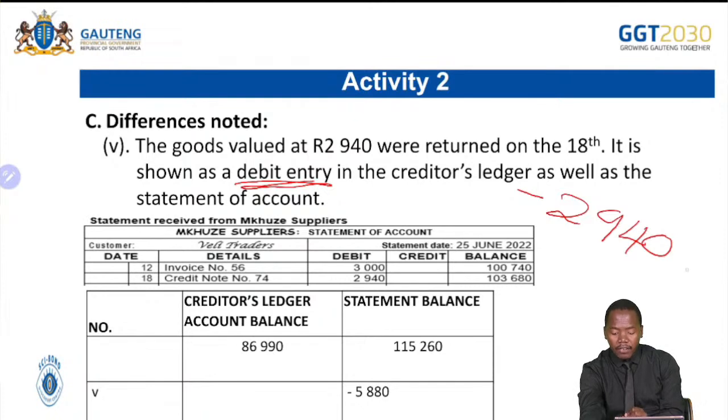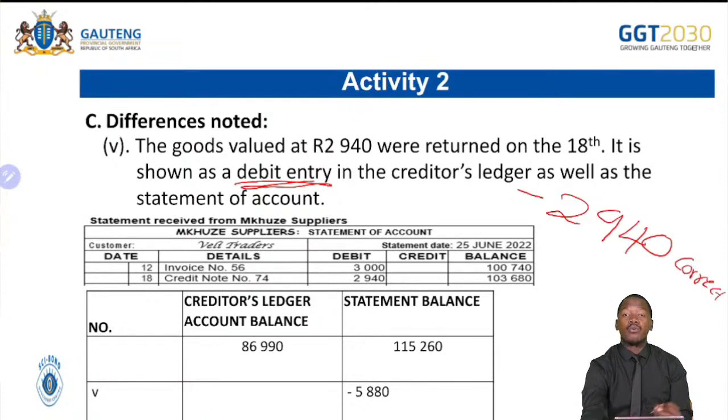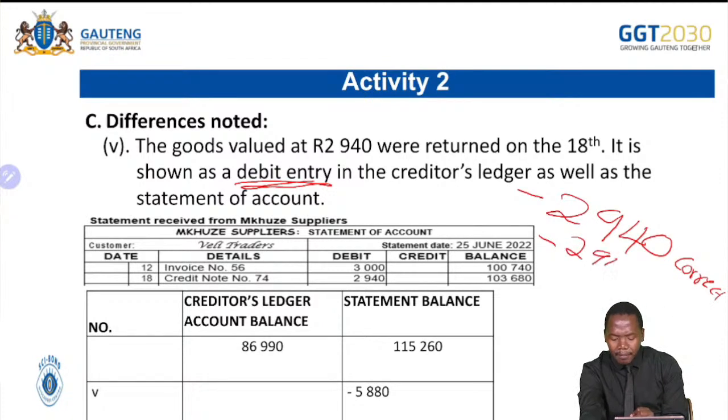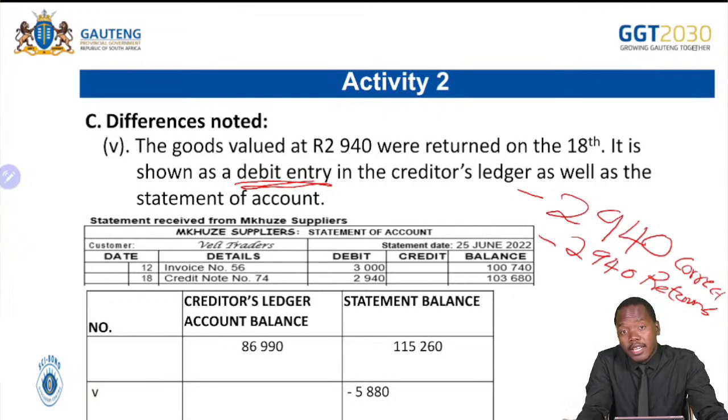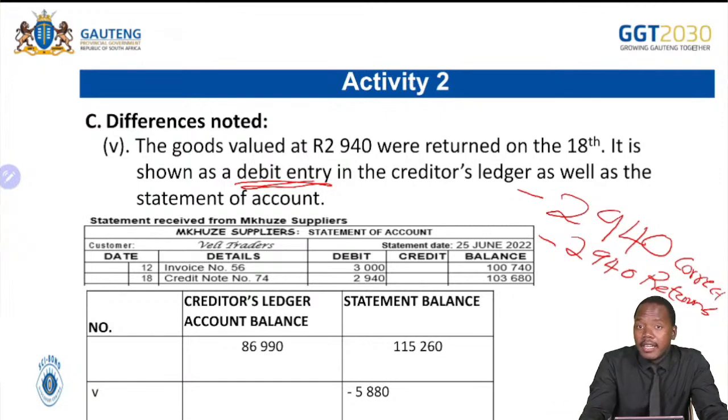So we'll subtract for the first time to correct what we have done wrong. And then we'll subtract for the second time to record the returns. Remember, returns are supposed to be subtracted. This is why we are recording twice, because we recorded on the wrong side. Grade 12, you need to remember, items recorded on the wrong side, we correct it on the right side twice.